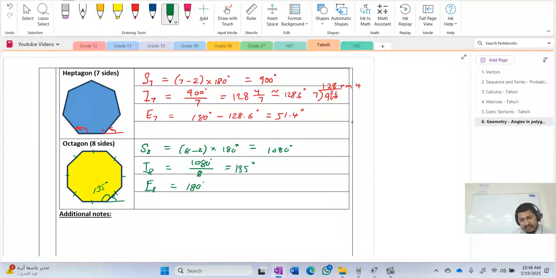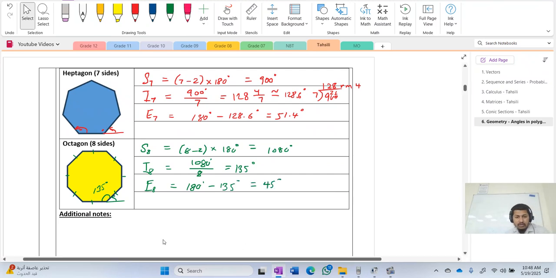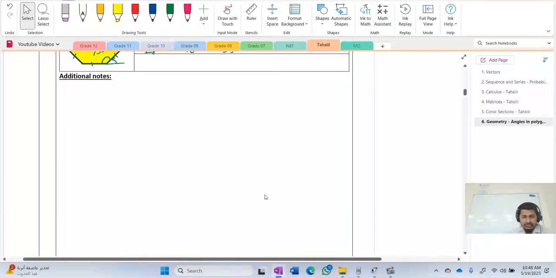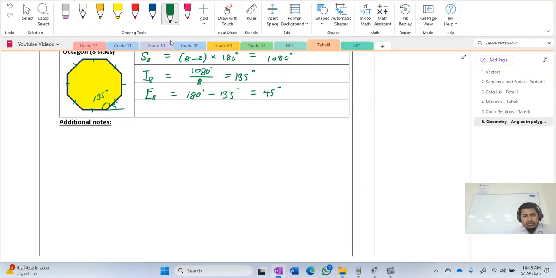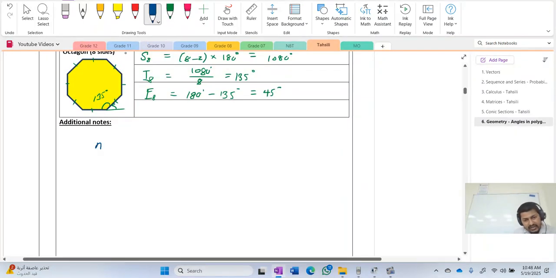Right, so for additional notes, we're just going to summarize. What have we learned? For an n-sided polygon, Sn is equal to n minus 2 times 180.